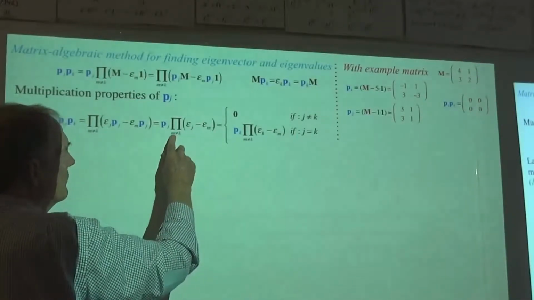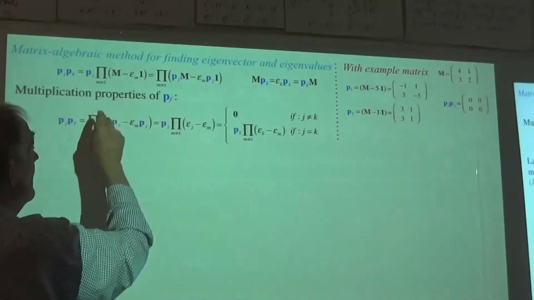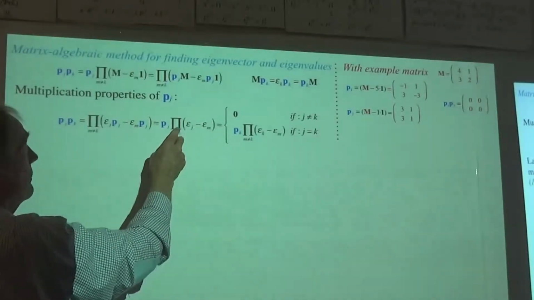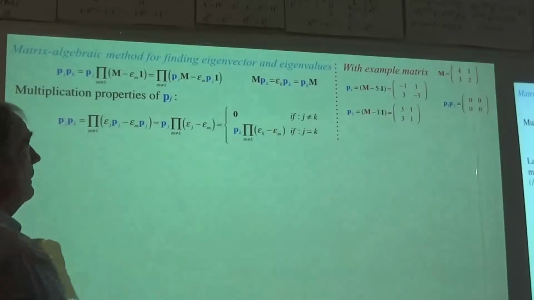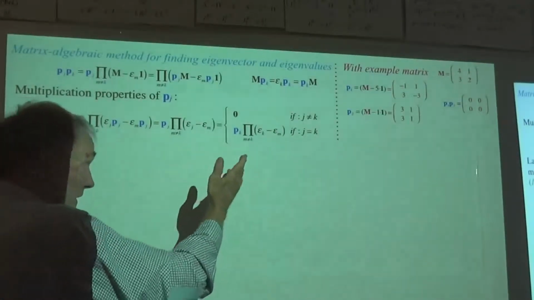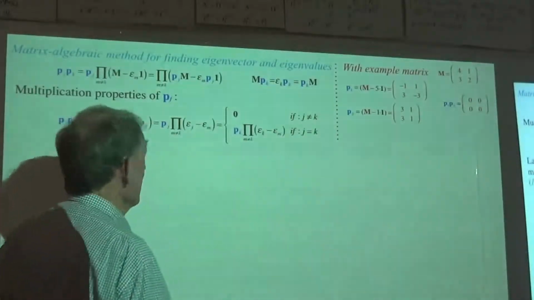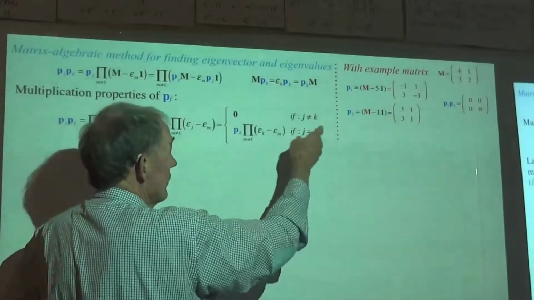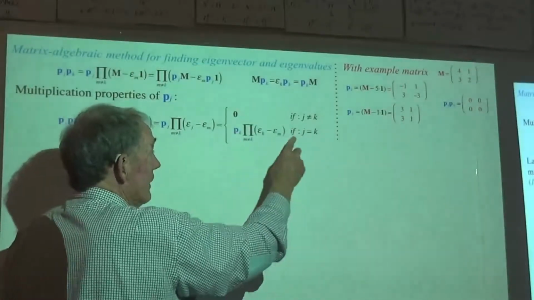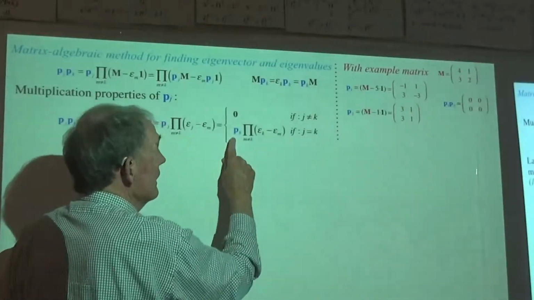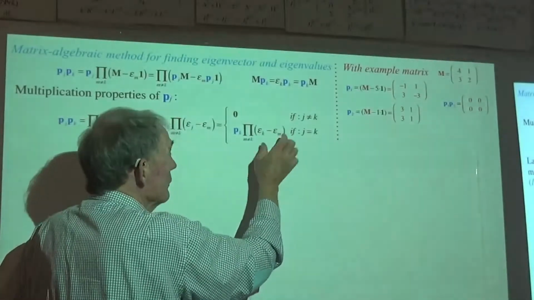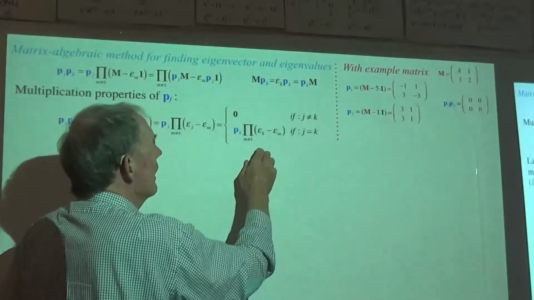All of the m's not equal to the k, that was the eigenvalue associated with that projector, that p sub k. Okay. Now, if j and k aren't equal, well, this product kills it. But if they are, if j is equal to k, then pk here, and it's looking at all of the m's except k, so you don't get a 0 from this thing.